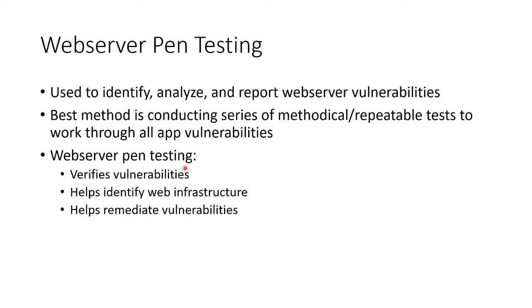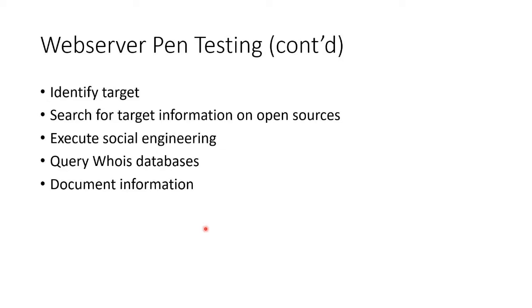And as you're zooming in on the web server itself, go through all the things we've discussed, from trying to go after the OS to scanning and password cracking and brute forcing and trying to go after defaults and permissions and policies that exist or don't exist. So you want to verify vulnerabilities and identify the web infrastructure and help remediate those vulnerabilities.